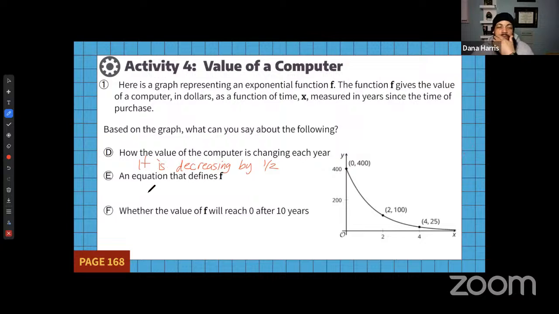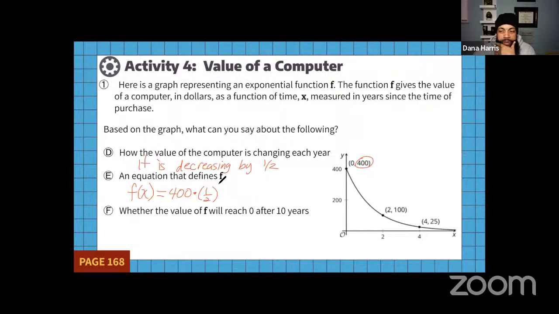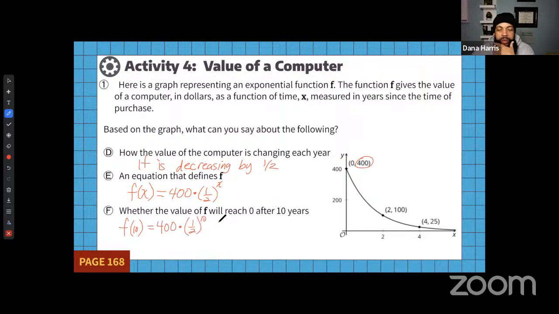Okay. So let's see. Here we go. An equation that defines f. f of x equals, it starts out with $400. That's the initial value. Okay. Times 1/2 to the x power, okay? And it says whether f will reach 0 after 10 years. So f of 10 equals 400 times 1/2 to the 10th power.